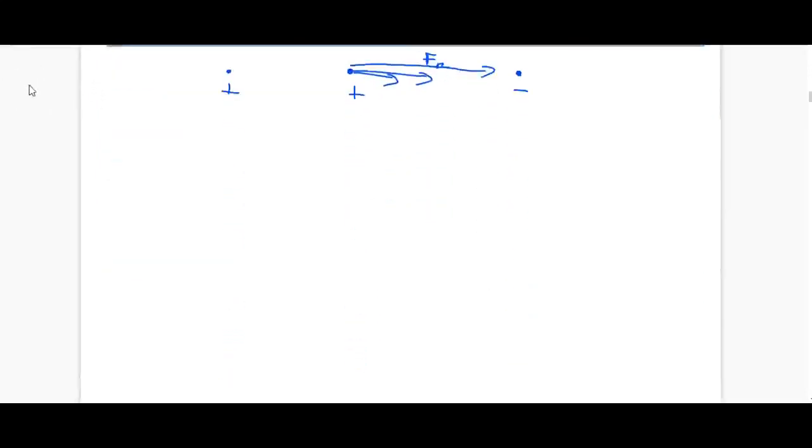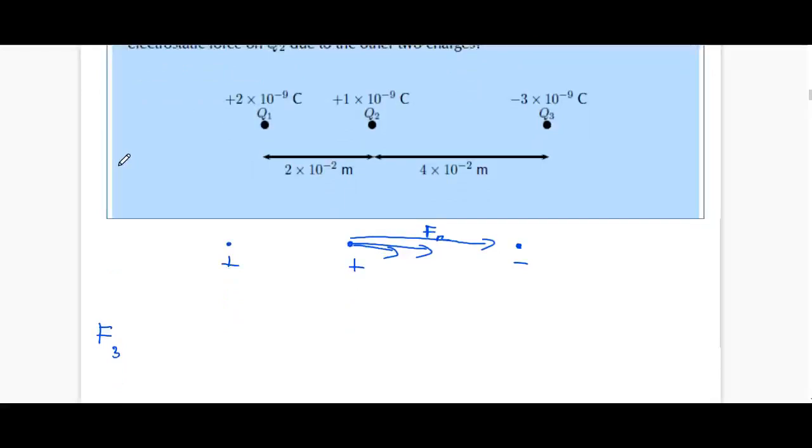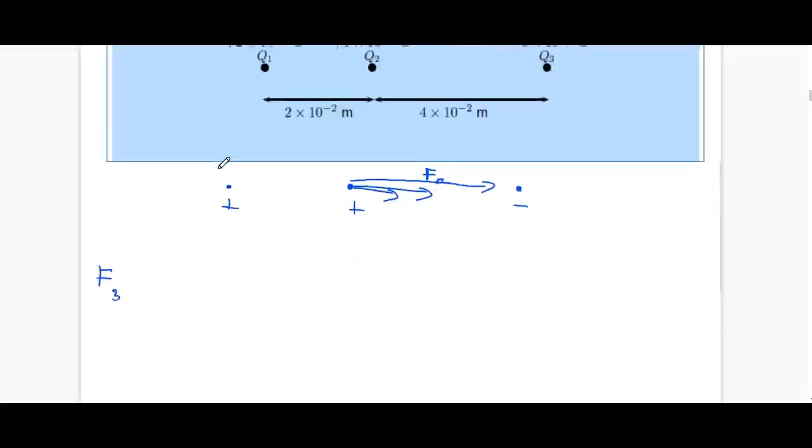Now the magnitude of the force, let's start with 1 on 2, the force exerted by 1 on 2. So it's K Q1 Q2 divided by R squared.